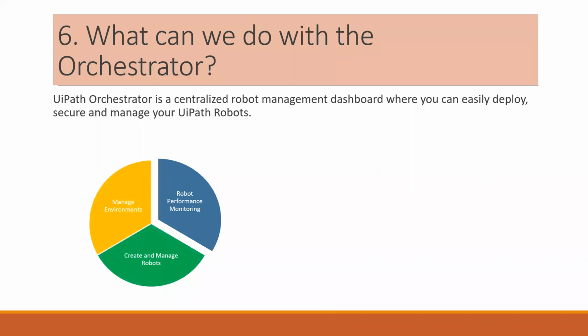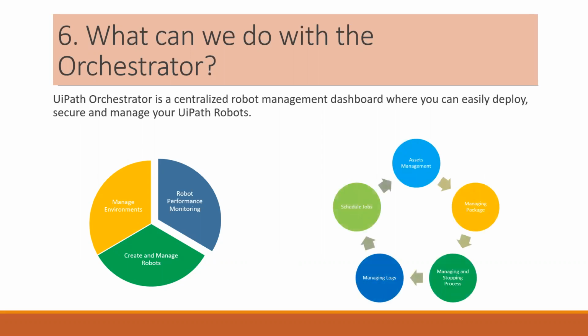It provides the following features like robot performance monitoring, create and manage robots, and manage environment. By deploying and monitoring the process by Orchestrator, you can manage the assets and manage packages, managing and stopping processes. You can manage the logs and you can schedule the jobs.